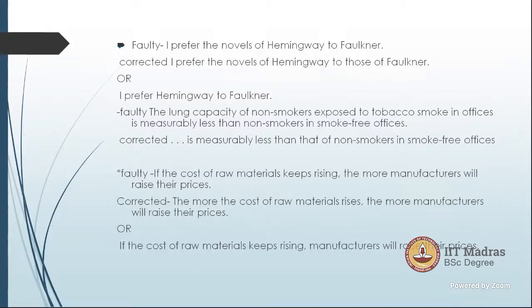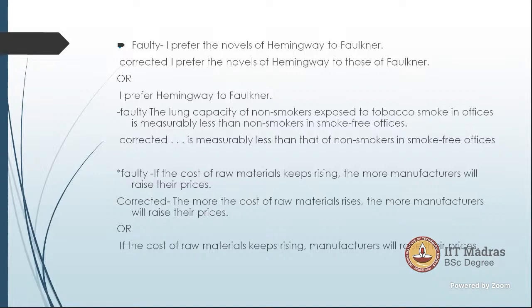Another example. The lung capacity of non-smokers exposed to tobacco smoke in offices is measurably less than non-smokers in smoke-free offices. What is the problem here? Initially, you're talking about the capacity of non-smokers. Then you're talking about the non-smokers themselves. So these are two different units. They cannot be compared.